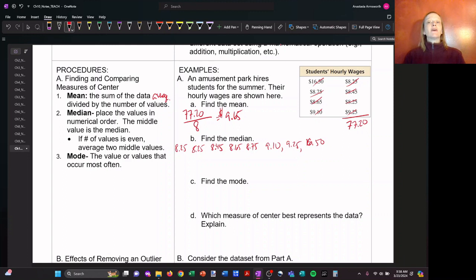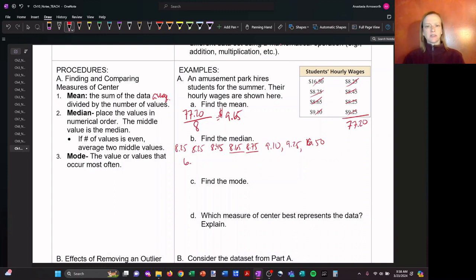To find the median, we want to find the middle number. Since there are 8 values, there is no one middle number. Numbers 4 and 5 are both in the middle. And when that happens, if there were an odd number of values, I would just pick the middle number. But here, because there's an even number of values, I take those 2 middle values and I average them.